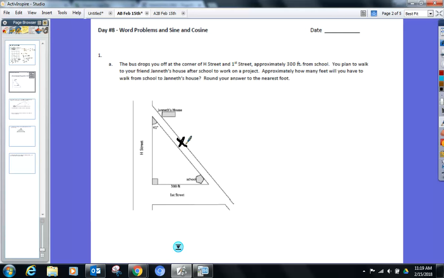I don't have enough sides. 30-60, 45-45? Nope. Hill-Sass? No, because I don't have n. Altitude to the hypotenuse, so I can't use Hill-Sass here, but I can use what I showed you yesterday, which is sine, cosine, tangent. What acute angle am I given? 41 degrees. So let's focus on 41.